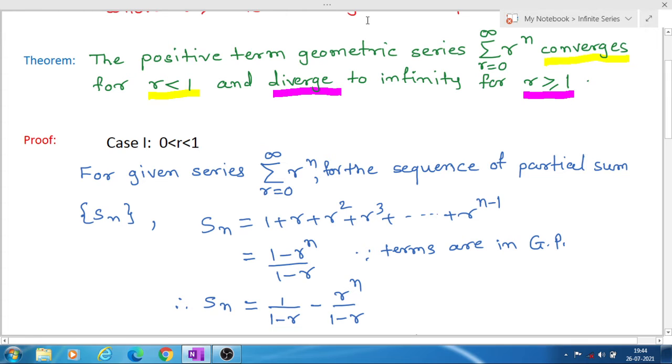So this is a very important result, and you have to remember that the geometric series is convergent only when r is less than 1. Otherwise, when r is greater than 1 and when r is equal to 1, it is divergent. So we have to prove this.